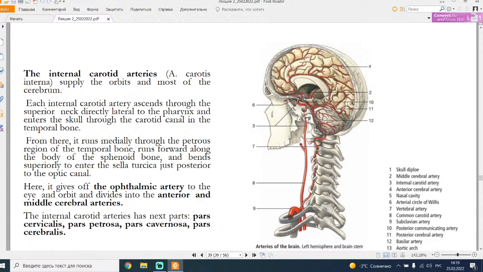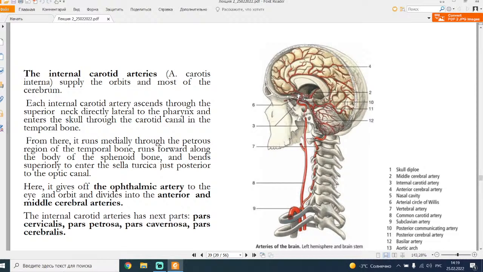From there, it runs medially through the petrous region of the temporal bone, runs forward along the body of the sphenoid bone, and bends superiorly to enter the sella turcica, just posterior to the optic canal.